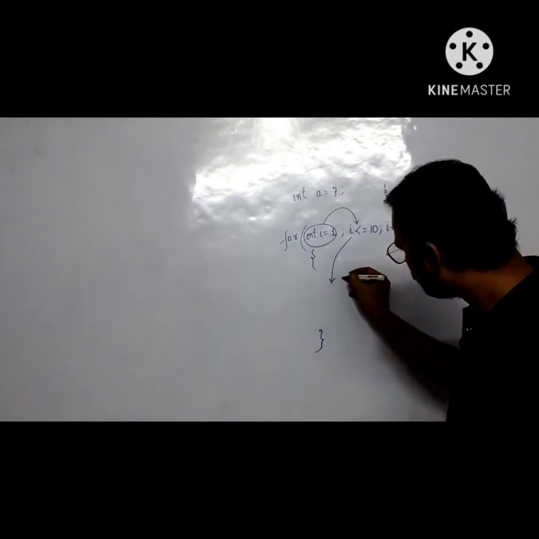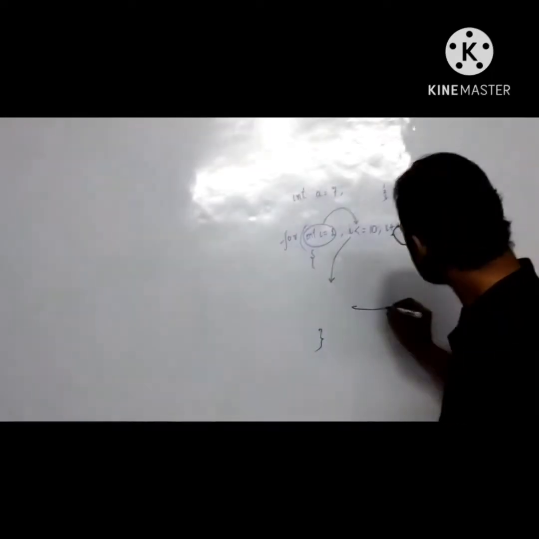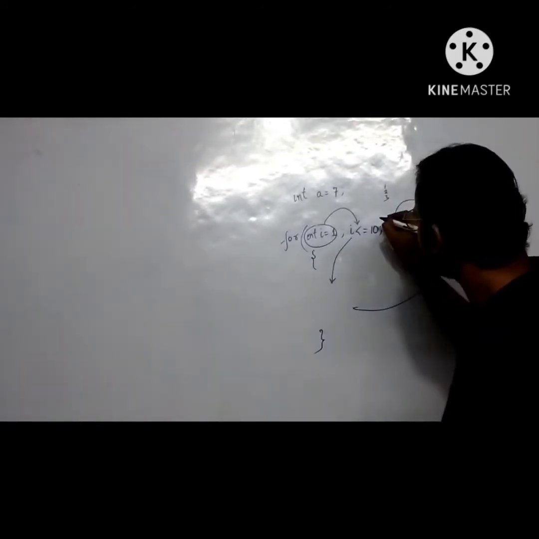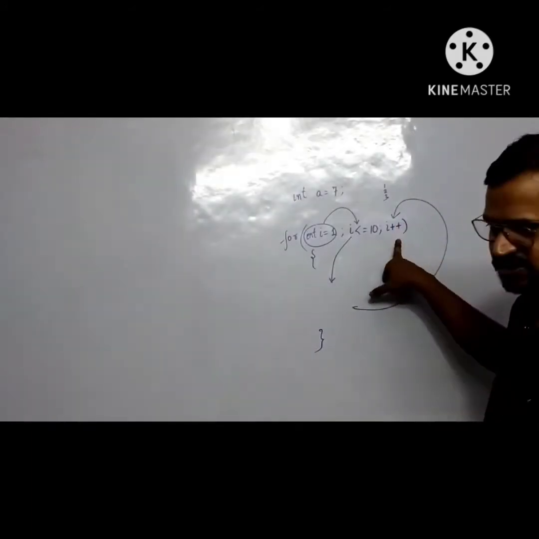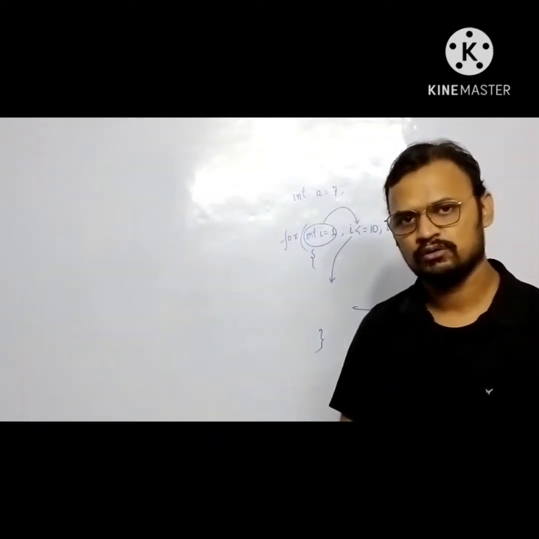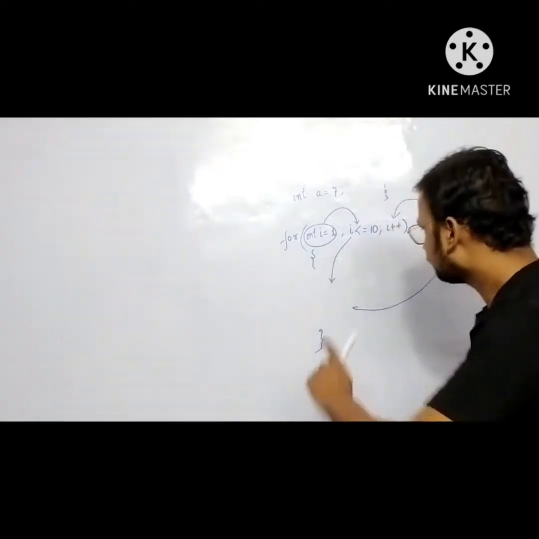And after executing each and every statement of the loop body, it goes back to the updation stage. After reaching the updation stage, it updates the value, the i value.